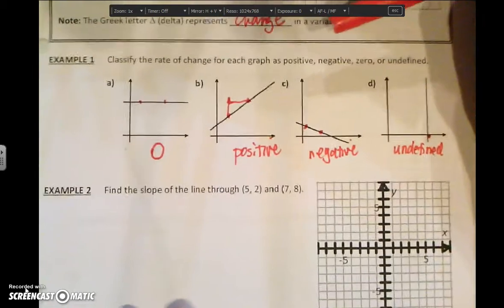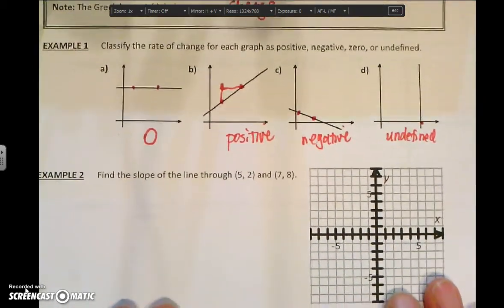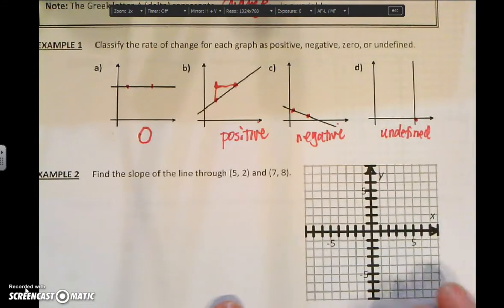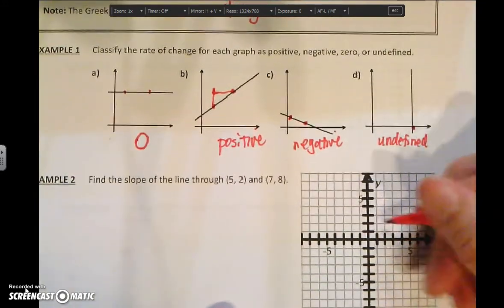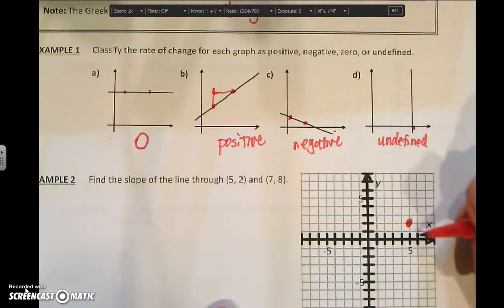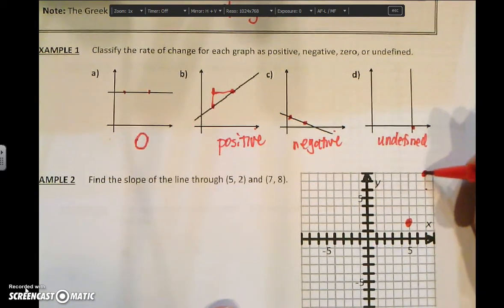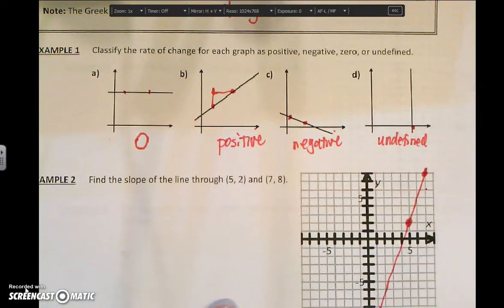In example 2, it says find the slope of the line through 5, 2 and 7, 8. There's a couple of different ways to do it. One way, since we've got a graph right here, is to plot it. Our first point is 5, 2, which is right here. Then we have the point 7, 8, counting 1, 2, 3, 4, 5, 6, 7, 8 right there. That defines this line, and I'd like to find the slope of that line.